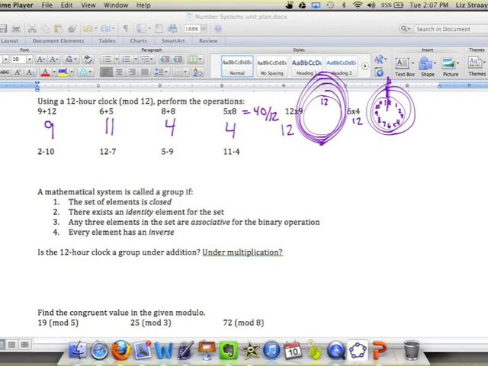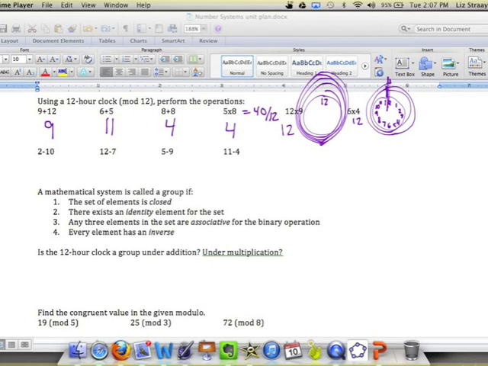So if there's nothing left over, then it's 12, because 12 is the start time. It's like 0. So 12 times 9 is 12, not 9.